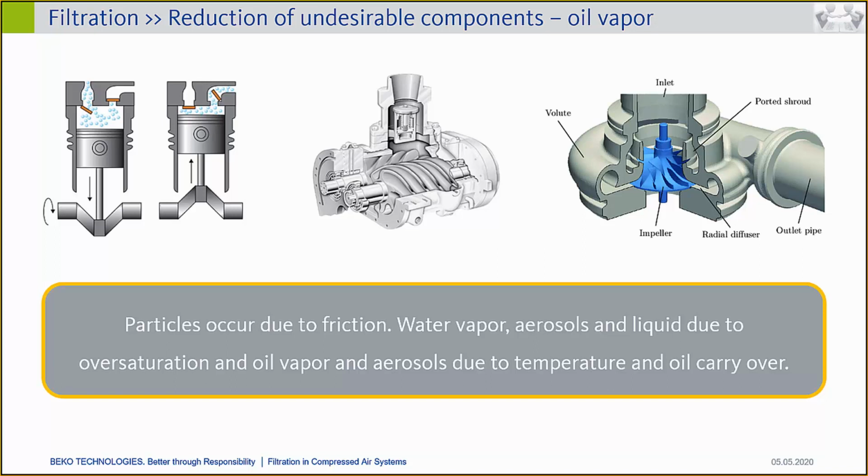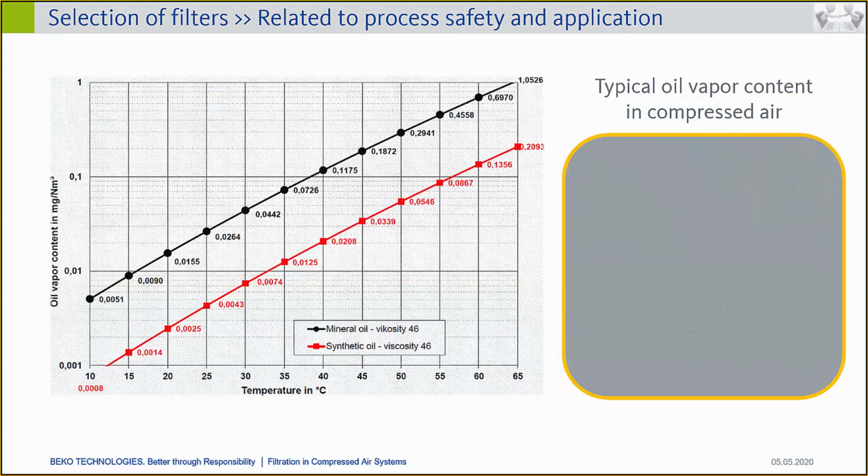So considering the oil vapor, this is definitely the most difficult substance to be reduced in the compressed air system. For that, I've picked up one of these numbers shown in the graph. This graph shows the different amount of oil vapor compared to different compressed air temperatures.